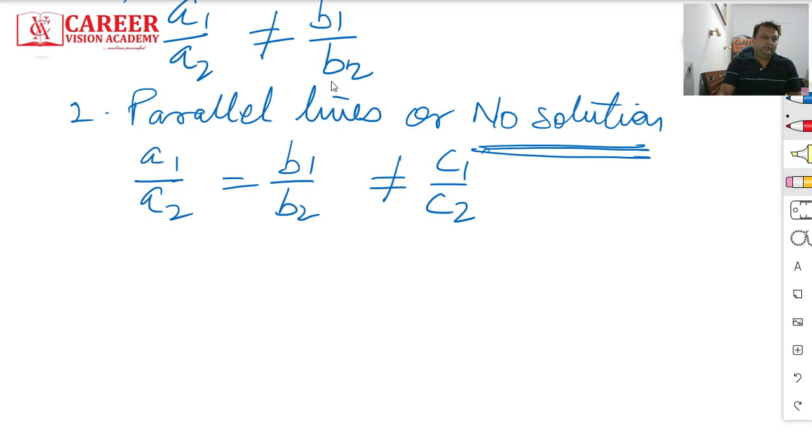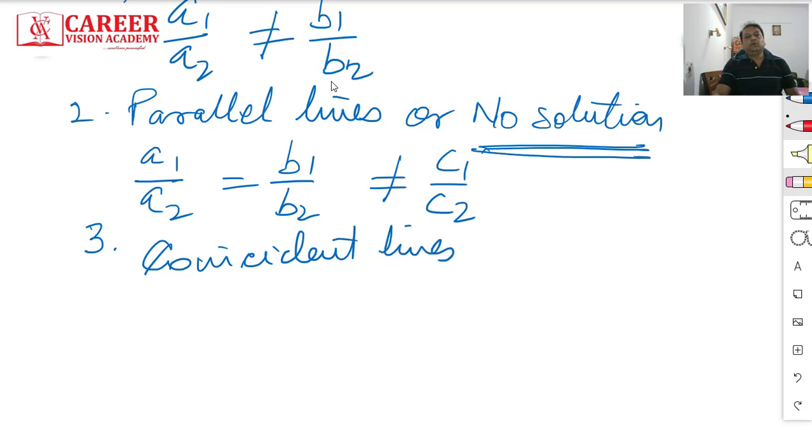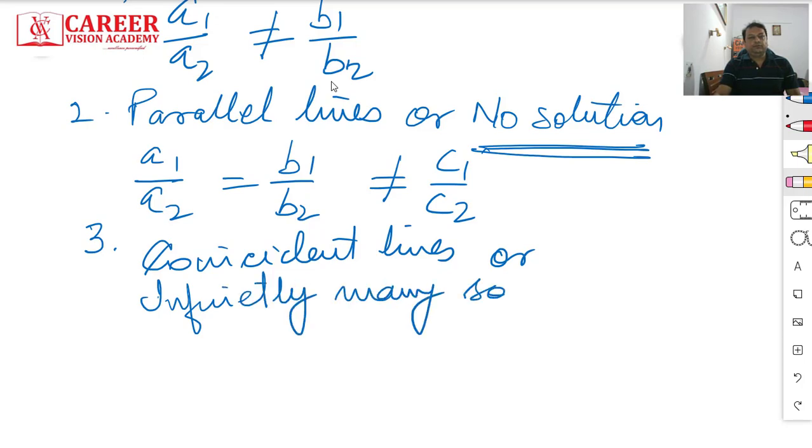And the third case which we studied was coincident lines, or infinitely many solutions.